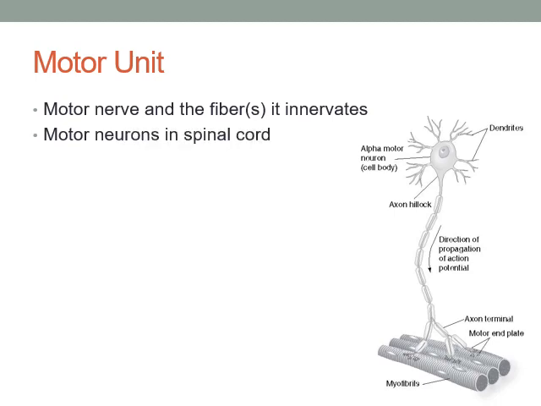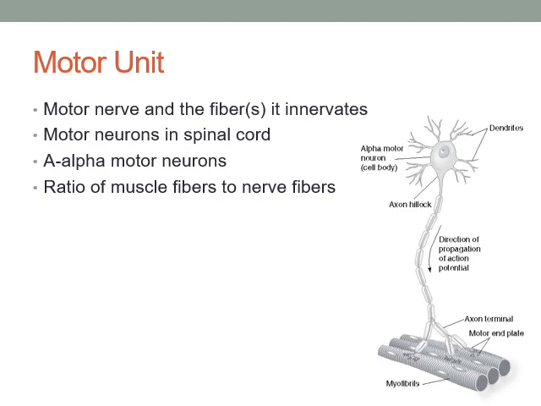And again, we have motor neurons in the spinal cord. A majority of the nerve classification for skeletal muscles are A alpha. Then we look at, and again, there are A alpha motor neurons. The ratio of muscle fibers to nerves is going to be based on the amount of coordination that the area requires.